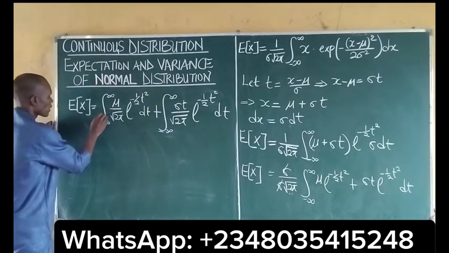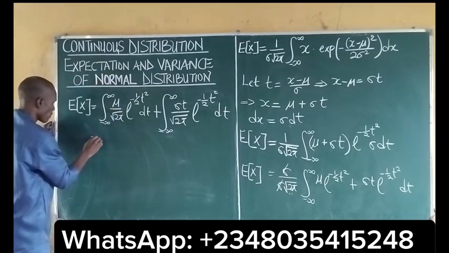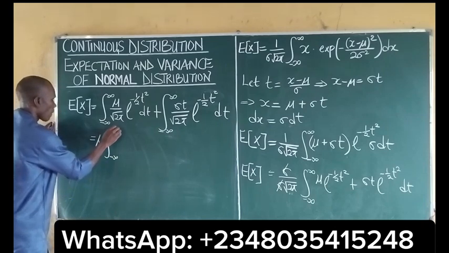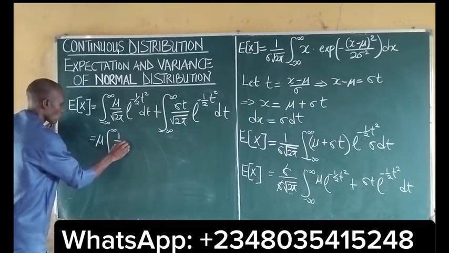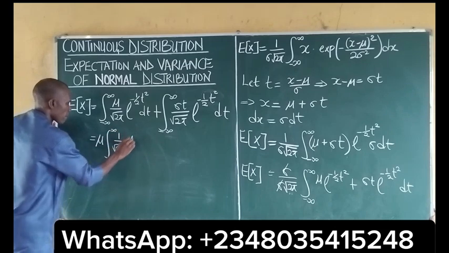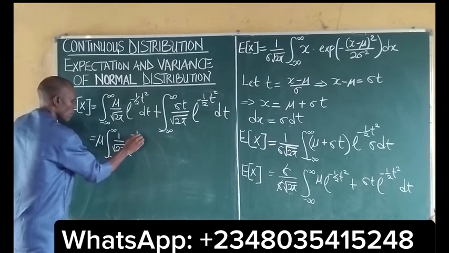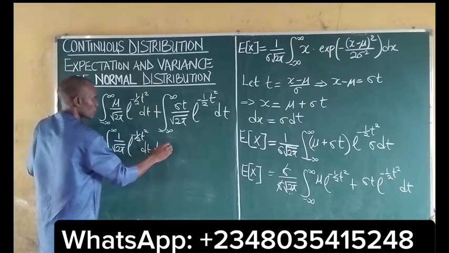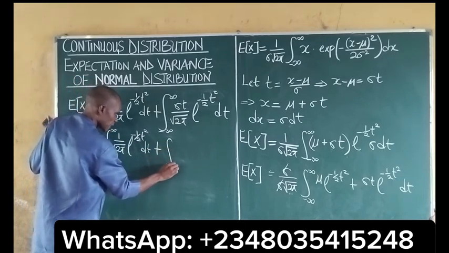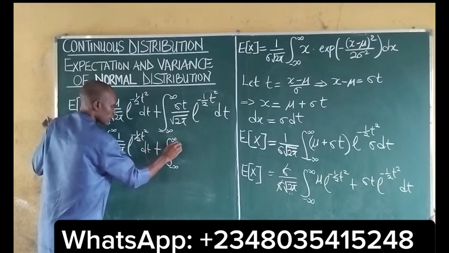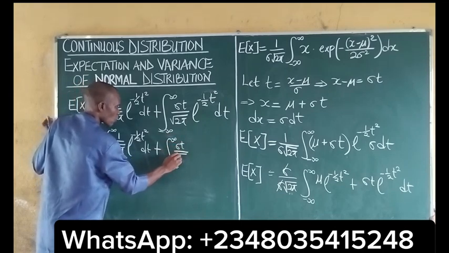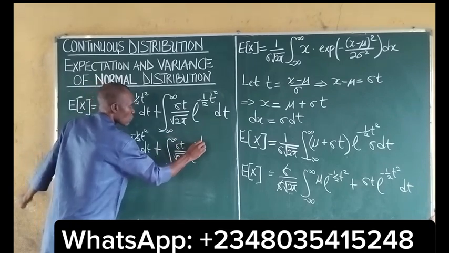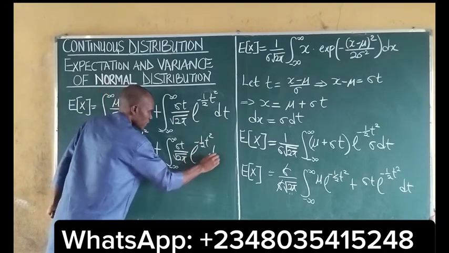Of course, mu can come out to give us mu into the integral of 1 all over square root of 2 pi exponential negative 1 all over 2 t squared, dt, plus the integral from negative infinity to infinity of sigma t all over square root of 2 pi, exponential negative 1 all over 2 t squared, dt.